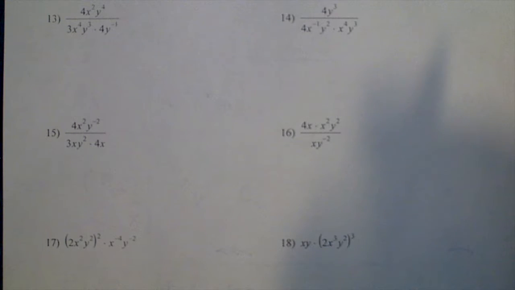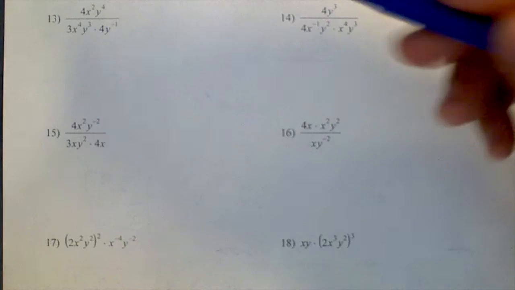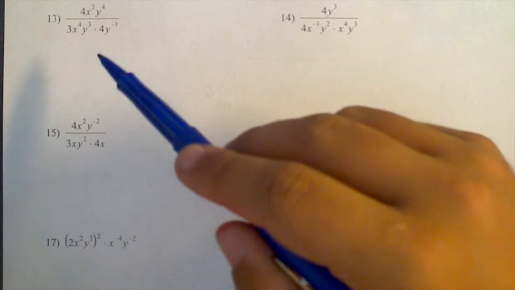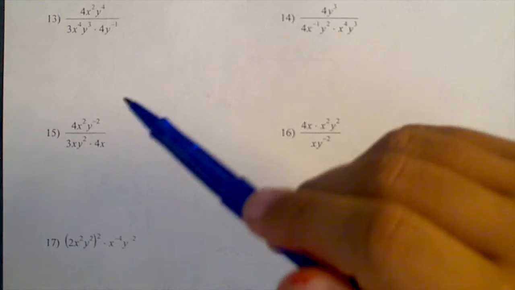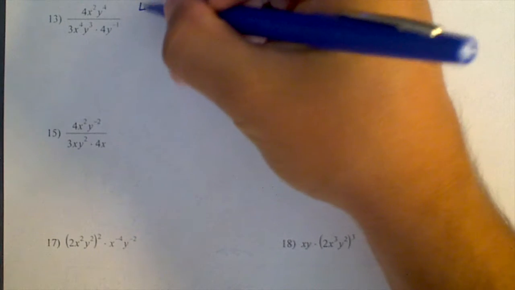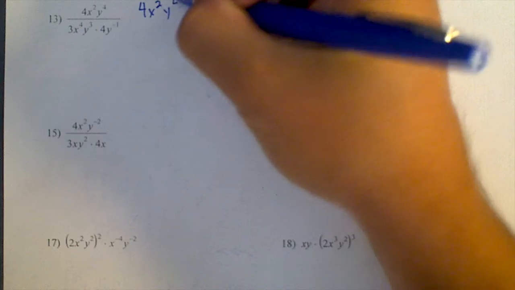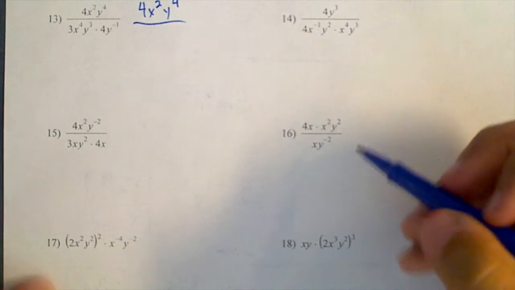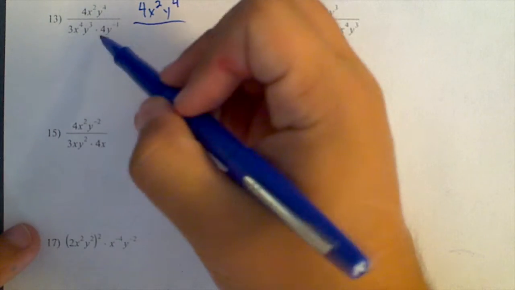Whenever I'm dealing with an exponent question that has a top and a bottom, and there's a lot of stuff happening, I always simplify the top, simplify the bottom. The top doesn't need to be simplified, so I'll go ahead and rewrite that. The bottom, however, does need to be simplified. First, I have 3 times 4, that's 12.